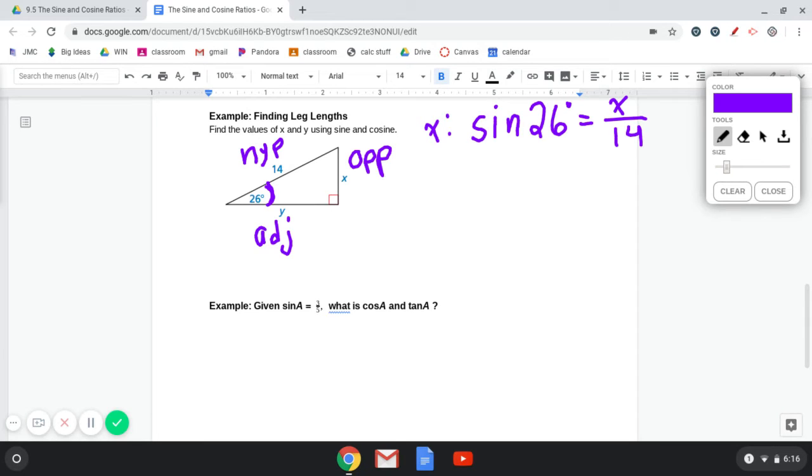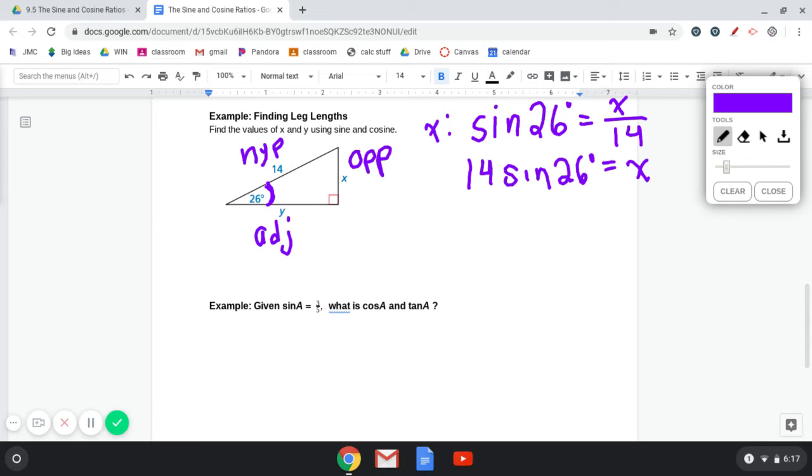Now we can multiply both sides by 14 to get 14 sine of 26 equals x. And then we'll use our calculators to calculate x, so we type in 14 sine of 26.